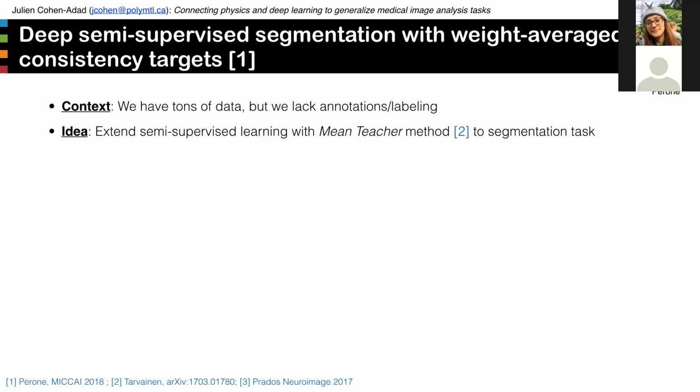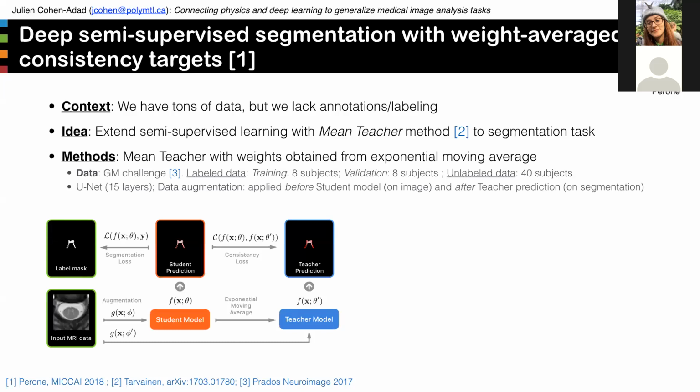So the main idea here was to extend the semi-supervised learning with mean teacher method to a segmentation task. Let's see how it works. In the mean teacher method, two models are trained in parallel. Let's see, I can bring my cursor here. The student model, which is here, learns in a traditional way with inputs and associated labels.